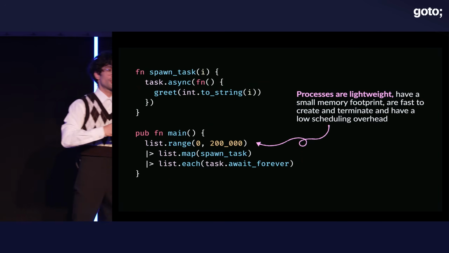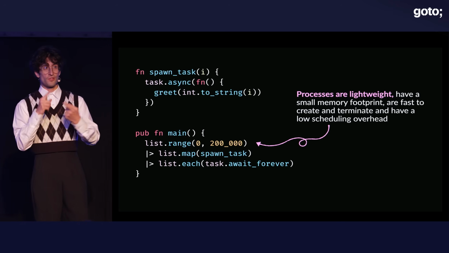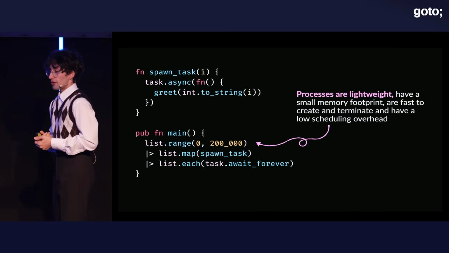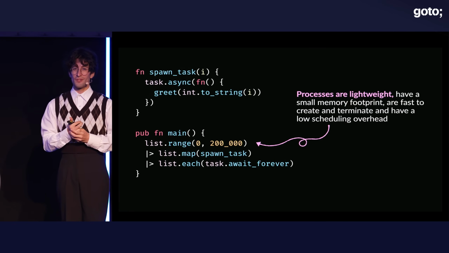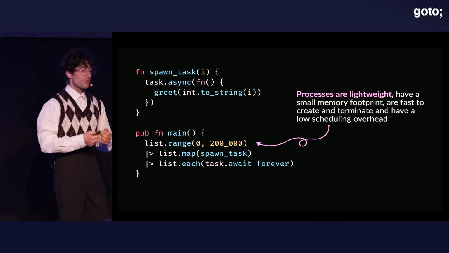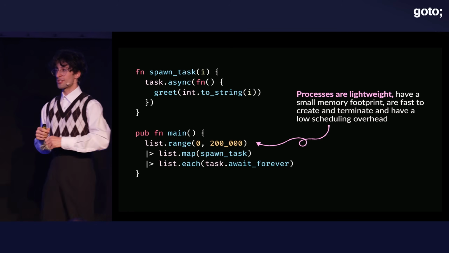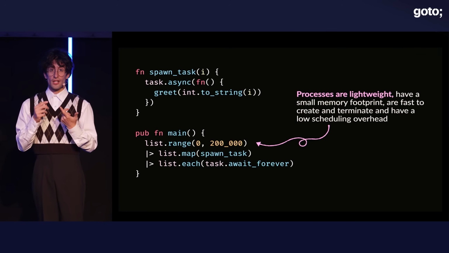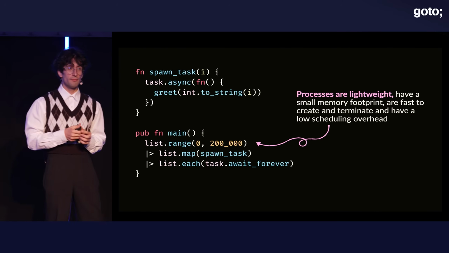So you don't have to share memory and you don't have to use mutexes, locks, whatever that might result in code that's really hard to write and reason about. Also, those processes are super lightweight. It's simple to spin up many of those because they have a small memory footprint. You can spin one up in no time.